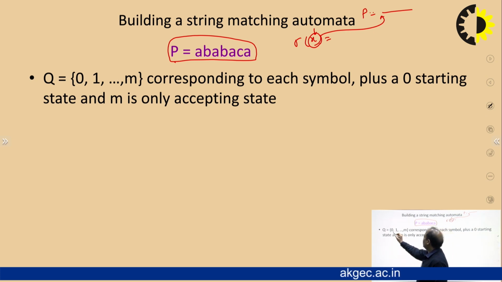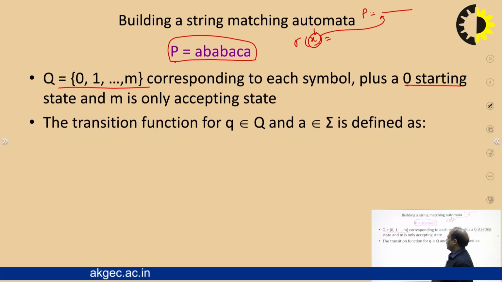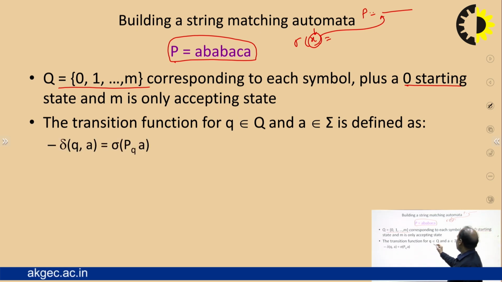In this one, we are going to have Q, which is the set of states. States are numbered from 0 to the length of the pattern, m. 0 is the starting state and m is the only accepting state. The transition function for q belonging to Q and a belonging to sigma is defined like this.